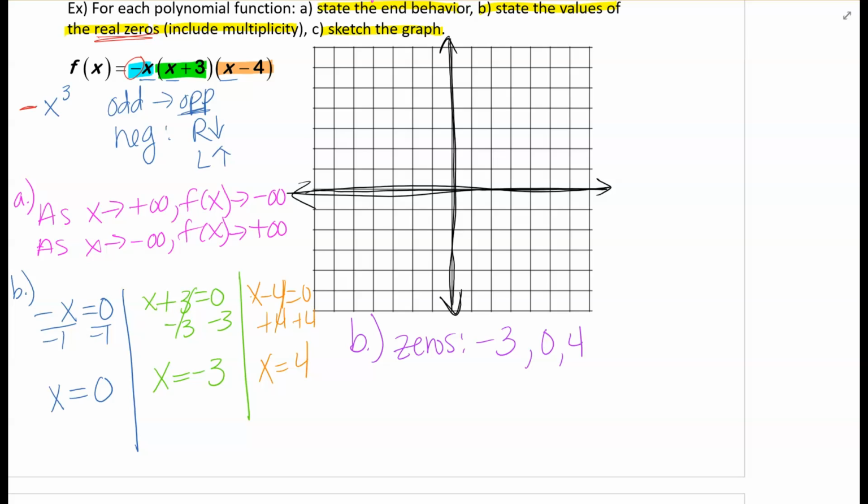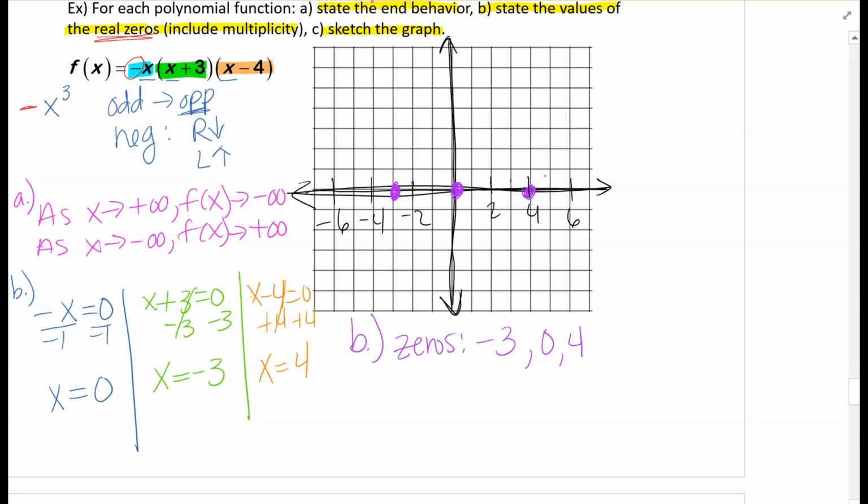But anyways, you want to draw your scales. I'm going to go 2, 4, 6, negative 2, negative 4, negative 6, and then draw your zeros. My zeros are negative 3. Notice I didn't have any squared, so I don't have any multiplicity. So these are just going to be regular zeros. So at negative 3, at 0, and at positive 4.